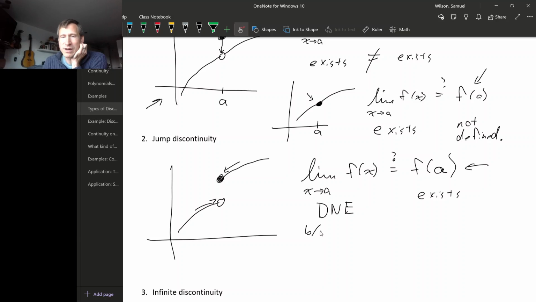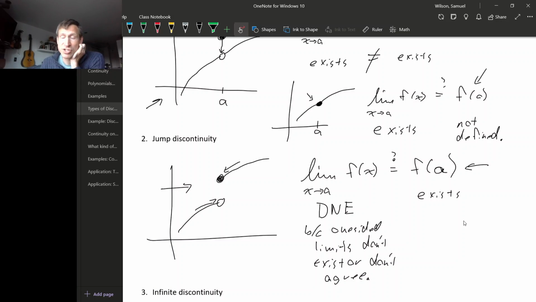And this is because the one-sided limits either don't exist or don't agree. Right, so here's an example where the one-sided limits both exist, but they don't agree.